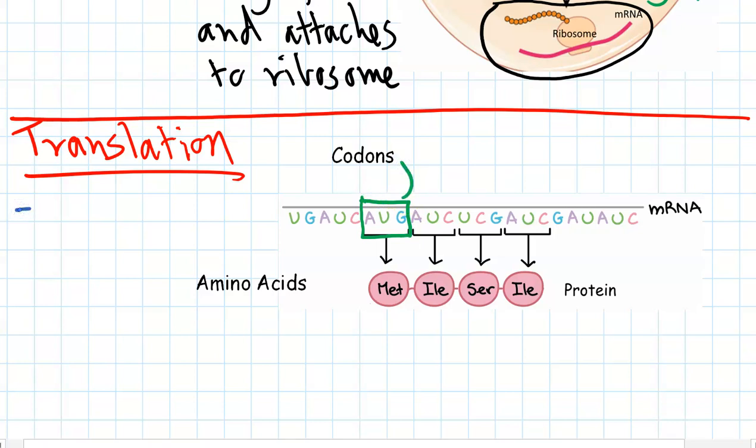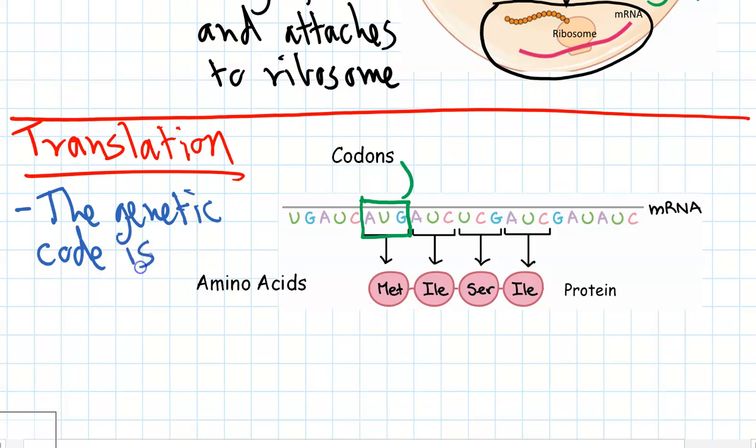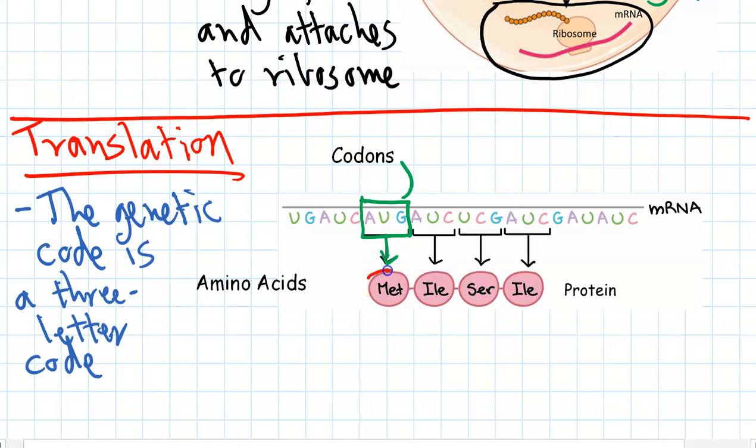So there's a few things you need to know here. The first thing is that the genetic code is completely based around 3-letter words. Or in other words, it's like a 3-letter language. So every 3 bases on the messenger RNA have the code to attach 1 amino acid onto the protein.